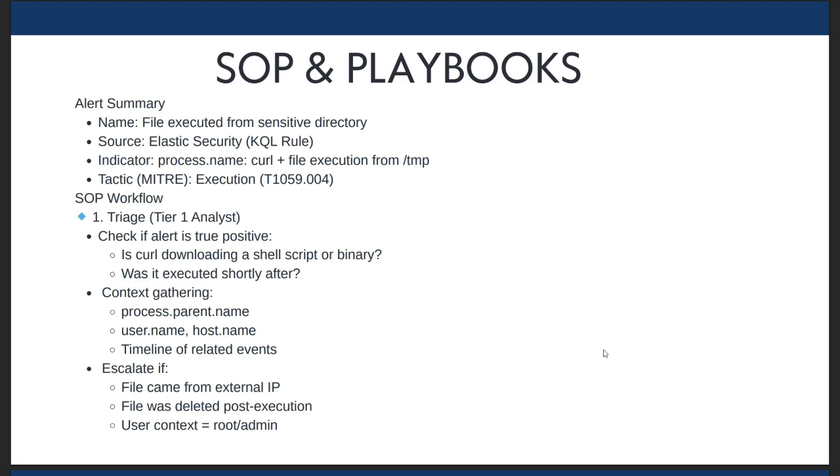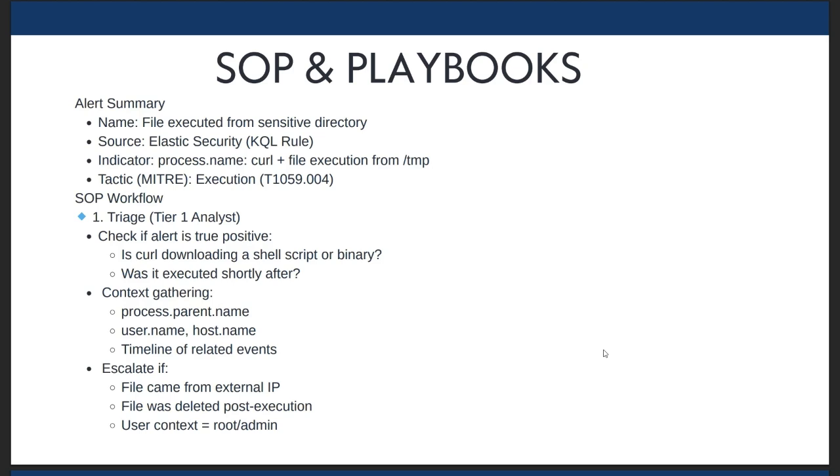We would check the process name, the username, the timeline, and gather all this context. If and only if certain criteria are met, we escalate to tier 2 or tier 3, or maybe even to the users in some cases, to ask about it. These are the exceptional cases where we will be escalating.